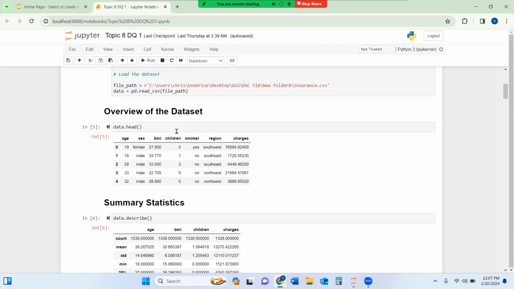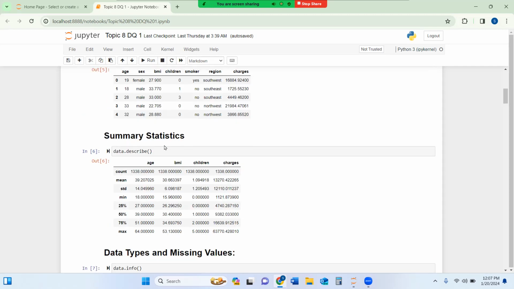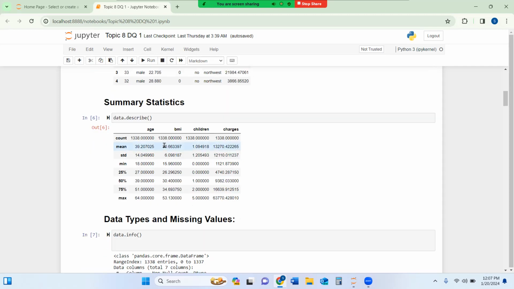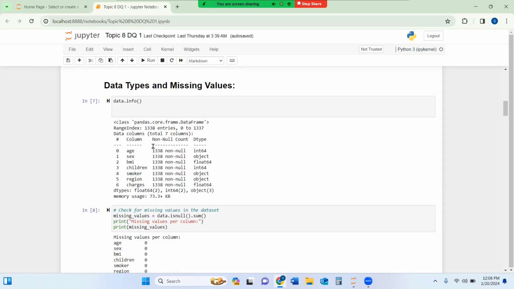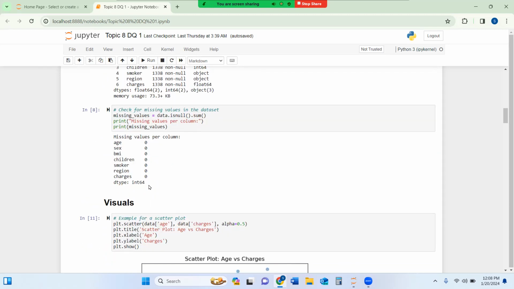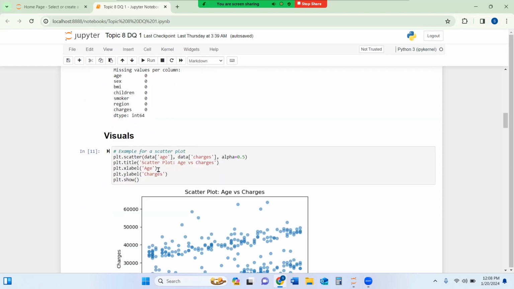After I load the data set, I will do the EDA that involves displaying the first few rows of the data set, then doing the summary statistics, and examining the data and inspecting for missing values. In this case, there are no missing values.